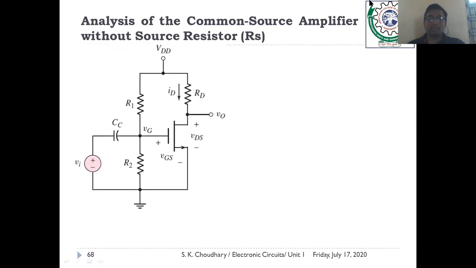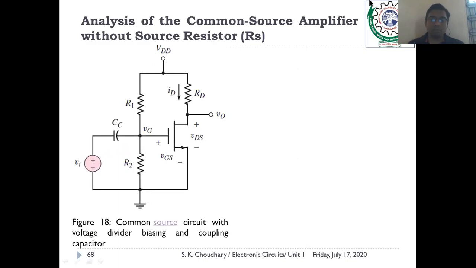This is the circuit diagram of the common source circuit with voltage divider biasing and coupling capacitor. You are familiar with this, okay?